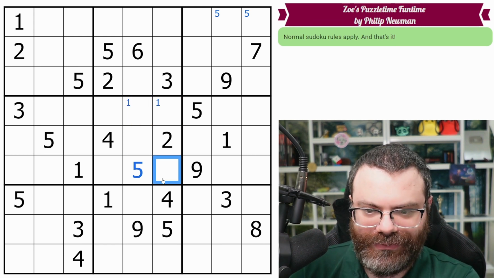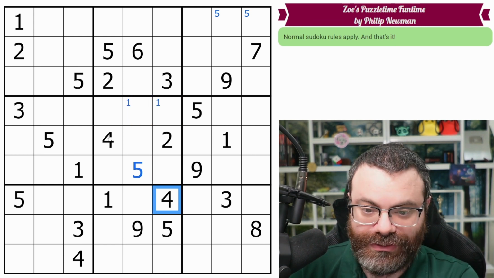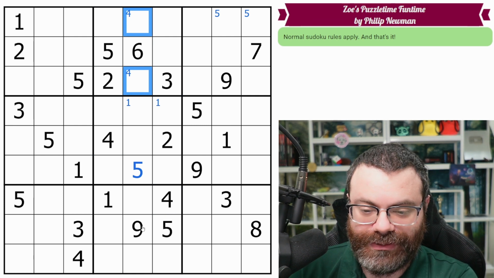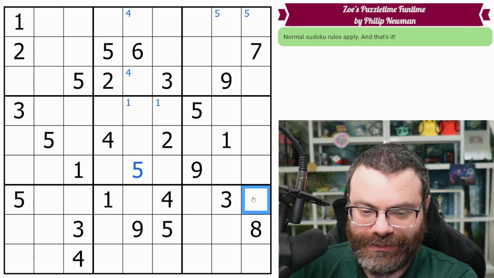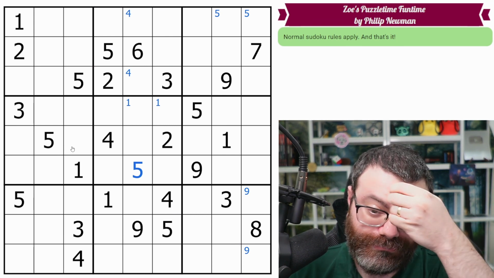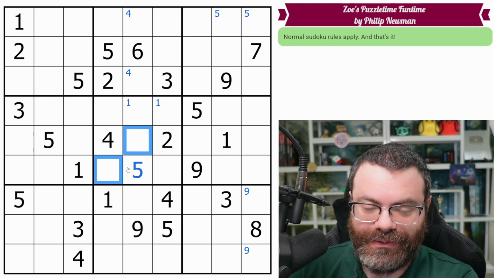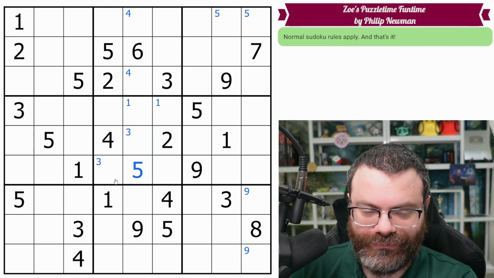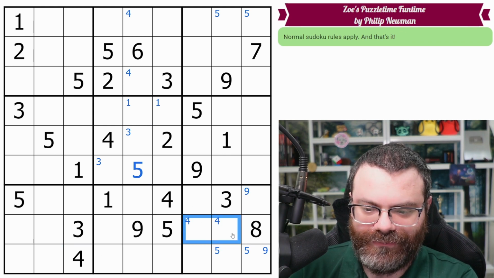There's a 1 in one of these 2. These 2 4s look up, so we get a 4 in one of these 2. These 9s look down. We get a 9 over here somewhere. 3 and 3 puts a 3 in one of these 2. We have a 5 down here somewhere. We have 4s looking in, so 4's in one of those 2.